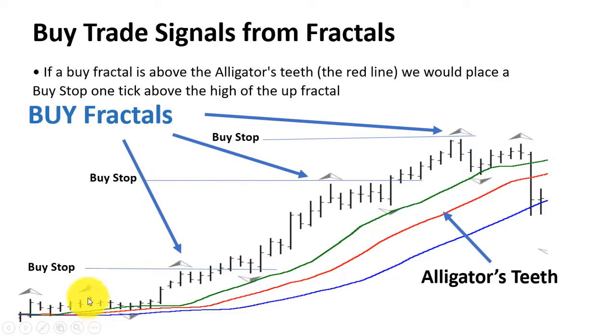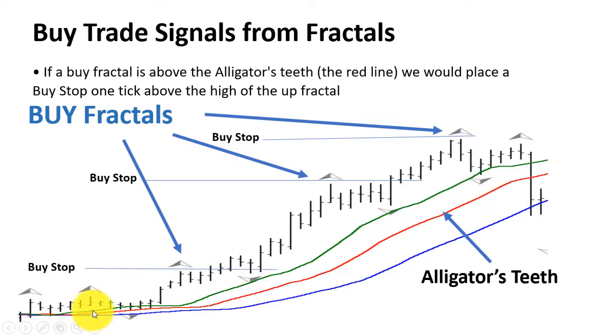The alligator is awake, and we have a fractal here, a fractal here, a fractal here, a fractal there. So once the alligator gives you a buy signal when it's awake, that is the start of a trend. You place a buy stop 1 tick above the fractal. You might actually start from here as well if you are convinced that these 3 lines are not touching each other.